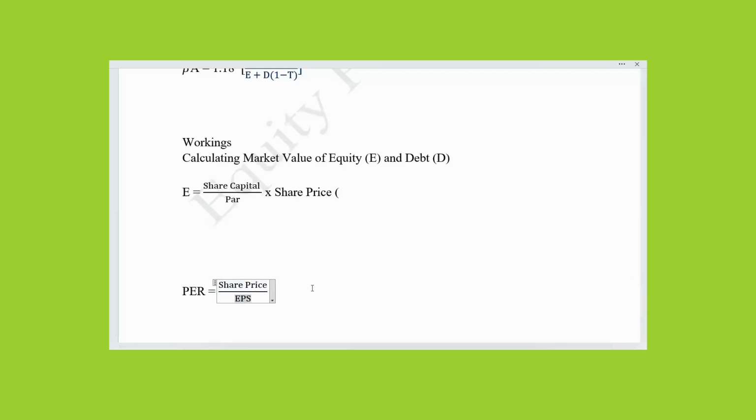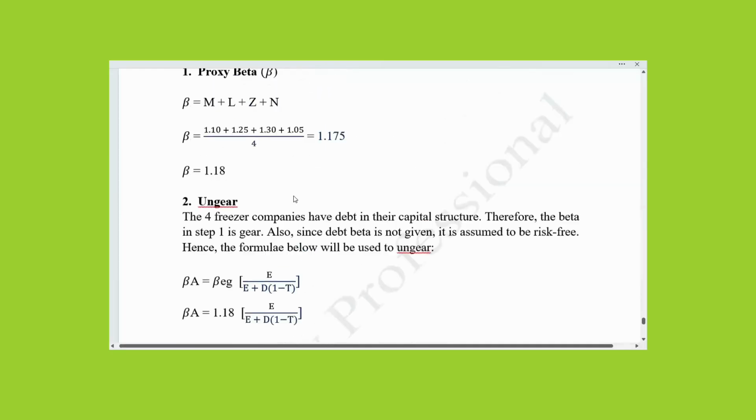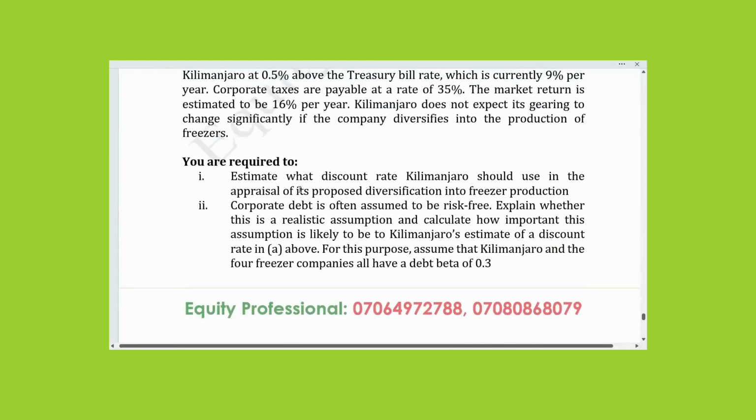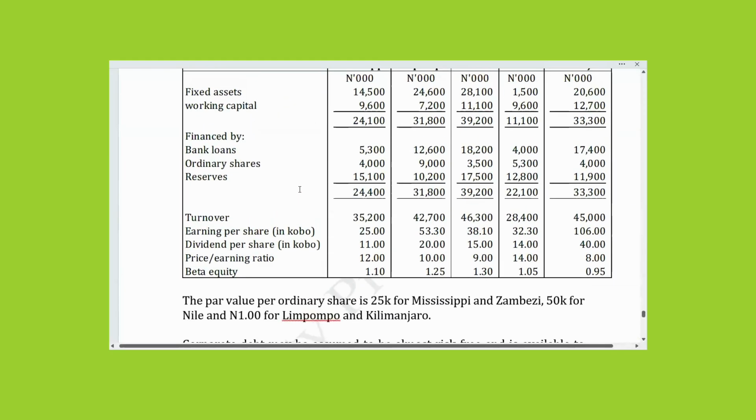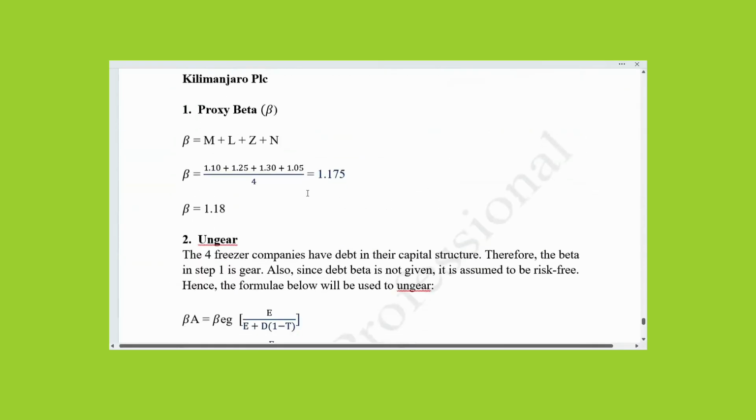This is the formula for calculating price earning ratio. So in this particular question, pay attention, please. The examiner did not give you share price, but you are given earnings per share, and you are also given price earning ratio. Therefore, share price will be equal to price earning ratio multiplied by earnings per share.